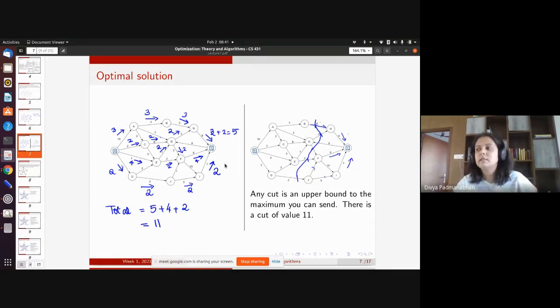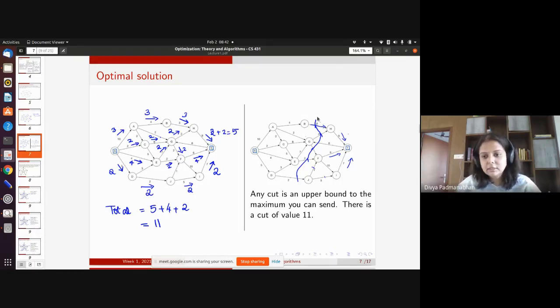This will come later, but the idea here is that you need both these parts, the exact flow constructed as well as the cut value, in order to say that you have reached the optimal point. If you just construct this flow of 11, you don't know whether you're done yet. So it's not complete.